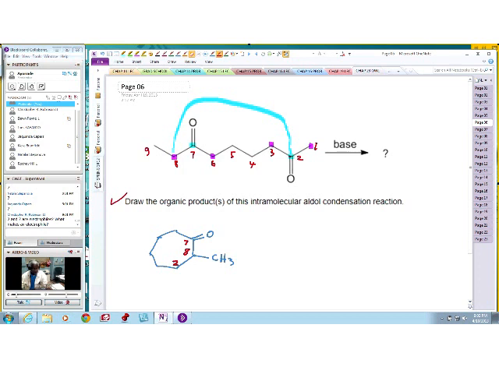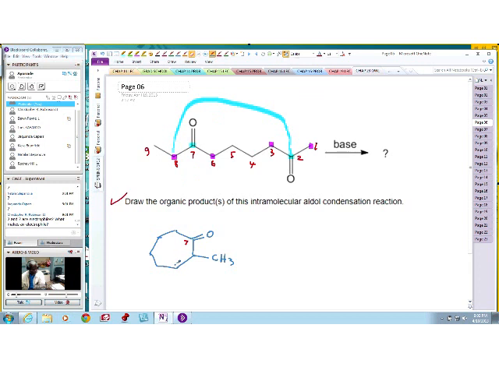An electrophile is a carbon that will attract a nucleophile. So we have carbon 8 and 2, and we are joining them. That means the carbon-carbon double bond will be between carbon 8 and 2. I will do this one and then I will leave the rest for you guys to complete.